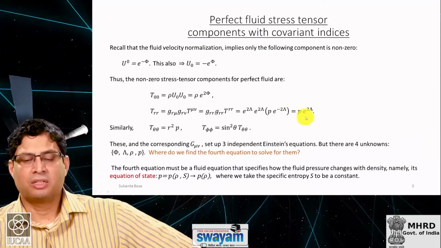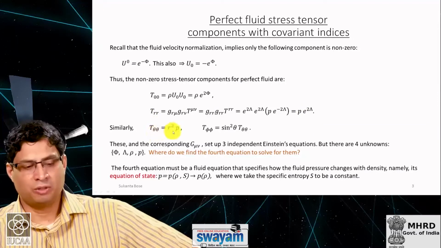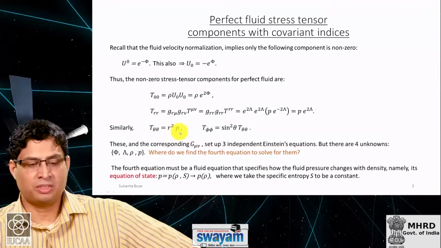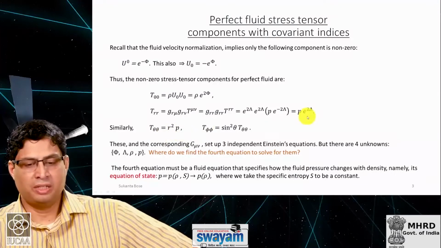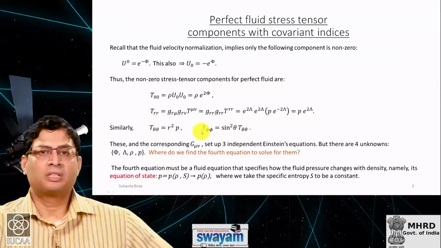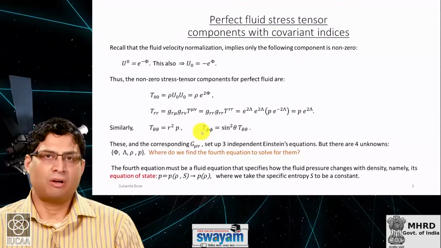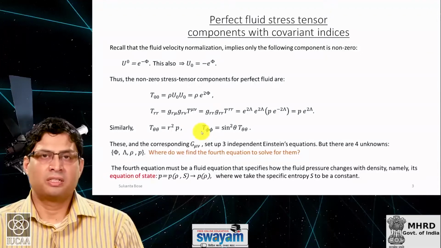So, this gives you p times e to the 2 lambda for T_rr. T_theta theta you can verify is just r squared times the pressure. By the way, here p is always the pressure in the context of this fluid, and T_phi phi is just sine squared theta times T_theta theta. So, this gives you all the non-trivial components of the stress tensor of our fluid under this symmetry.